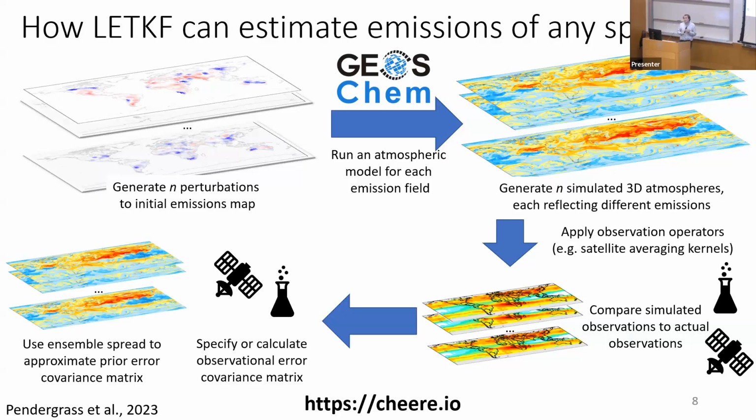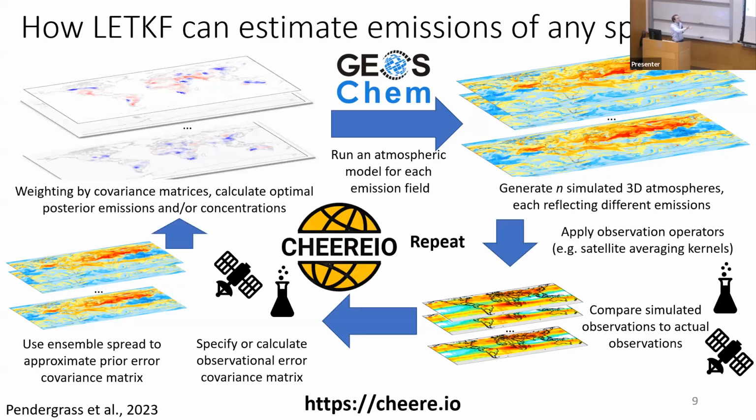You're solving the same cost function in 40VAR or any of these data assimilation methods, the analytical inversion for all the methane and carbon cycle stuff coming later this week. It's all solving the same cost function. It's just doing the mechanistic work differently. So you do all this ensemble stuff to get all the matrices to do that math. And that gives you a new map of emissions. And then you just repeat this cycle over and over again. This gives you time-resolved emissions maps evolving in time.